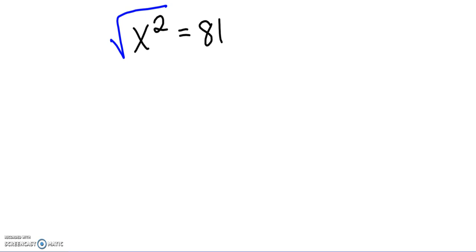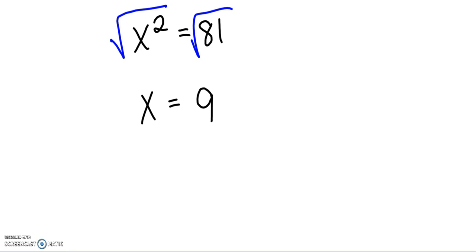So we have to do everything on both sides. If you do something to one side, you have to do it to the other side. So the square root of x squared is just x. And then the square root of 81 is 9, which we know. But we also talked about that each number really has two square roots.